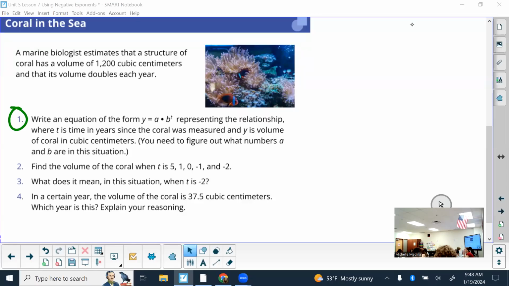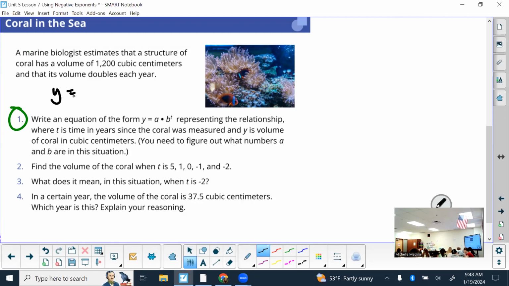Table 4, can you tell me what a is going to be in this situation? All the information you need is here, and then you just need to rely on your knowledge of it. It is 1,200.